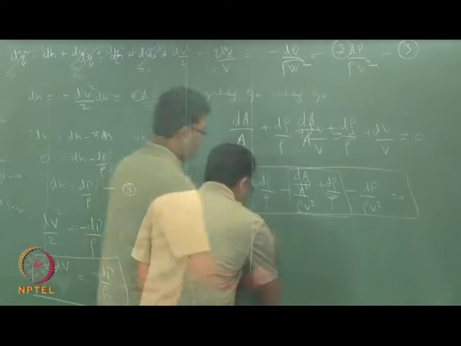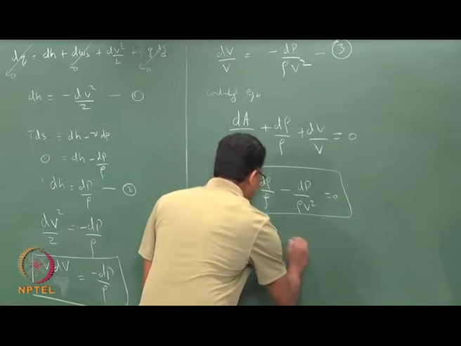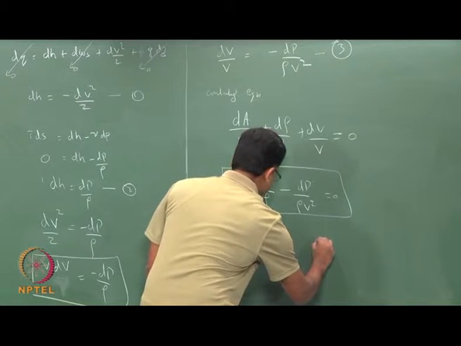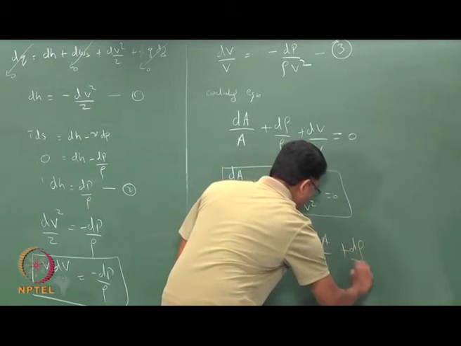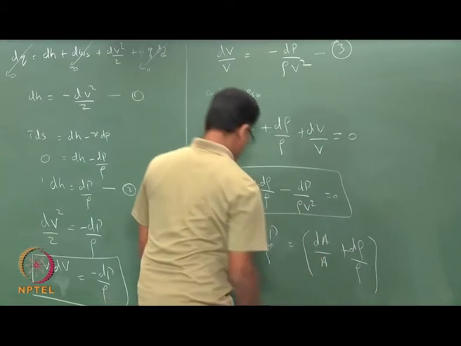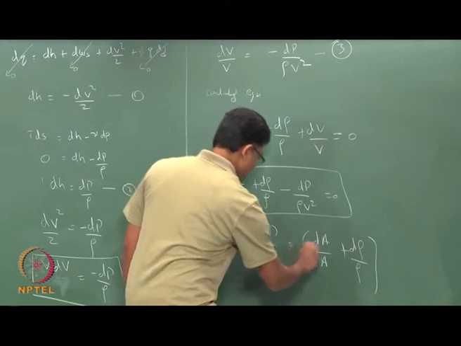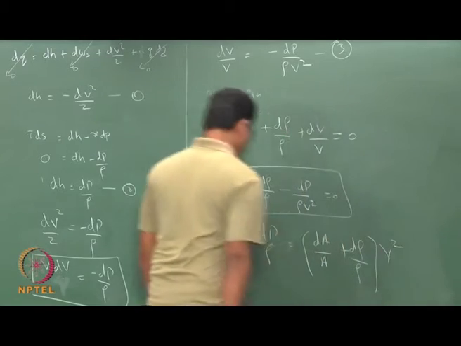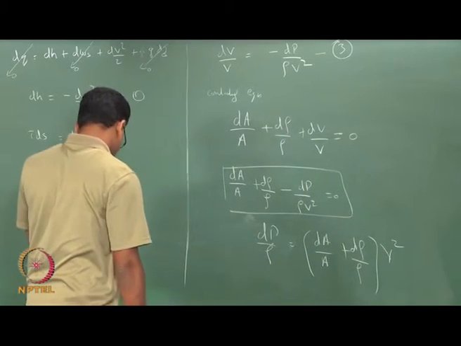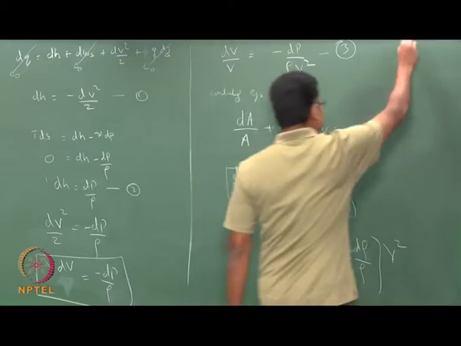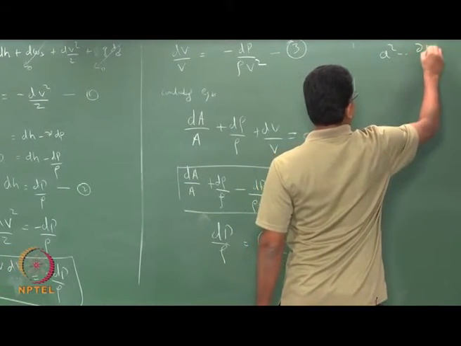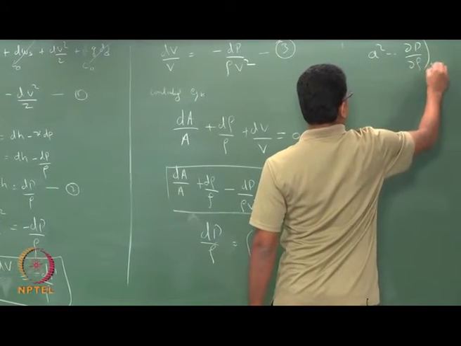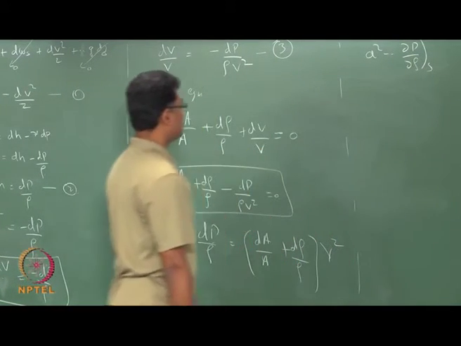Okay. So, my aim is to represent this in terms of Mach number. dP by rho equals dA by A plus d rho by rho multiplied by v square. I know a square is dP by d rho at constant entropy.